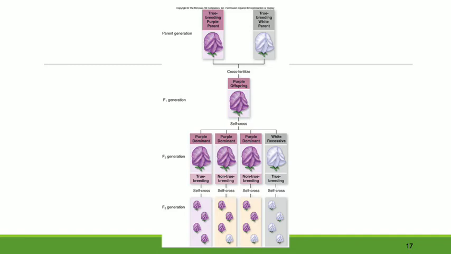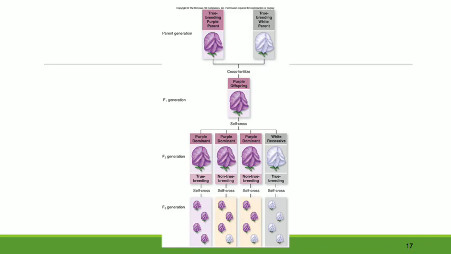Remember that the original parent that he started with, which we called the P generation, he had a true breeding purple pea plant, which means that inside of this plant, there is only information to ever make offspring that are purple colored.